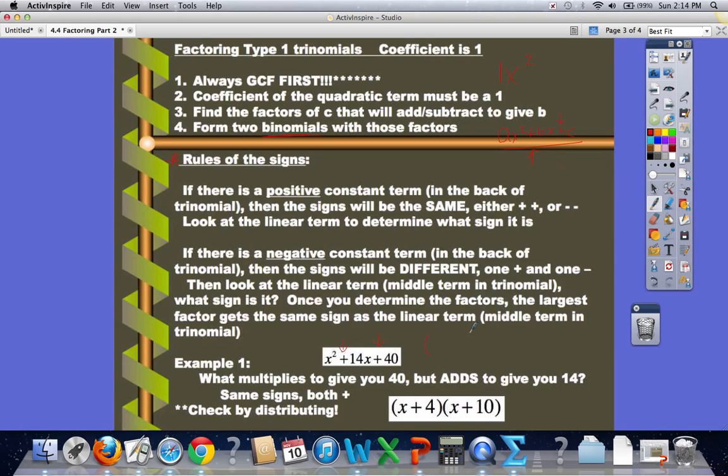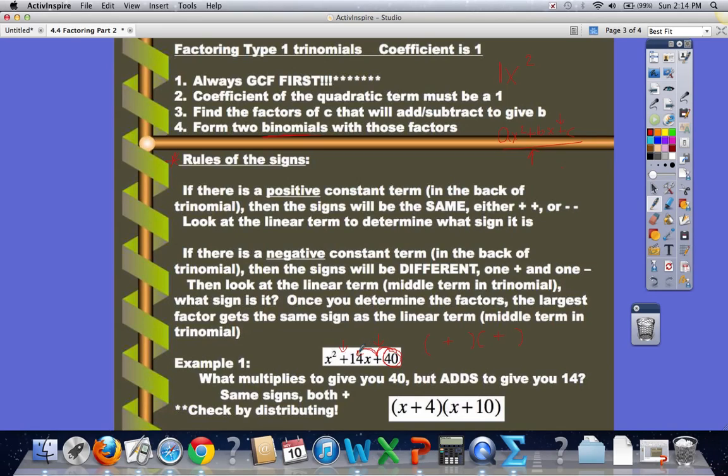So the setup would be, you can go ahead and set it up just like this and put a plus and a plus. And now your signs are all set up. All right? Then you say to yourself, what multiplies to give you 40 but adds to give you 14? You don't have to worry about signs. You just say what it does. Multiplies to give you 40 that adds to be 14.